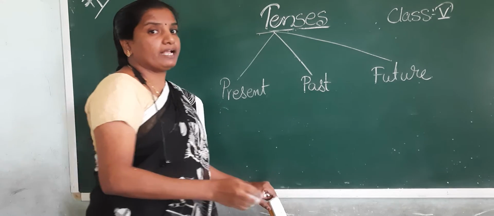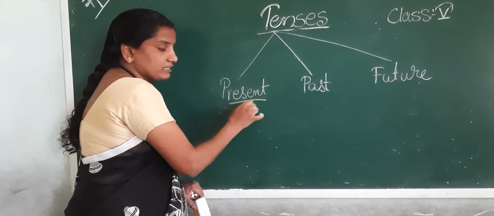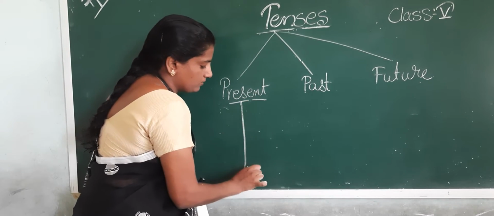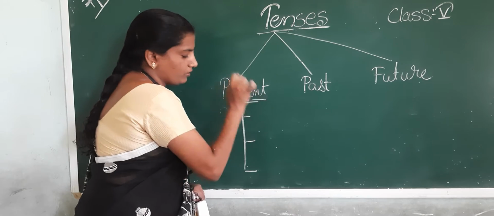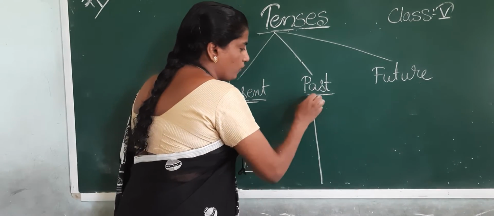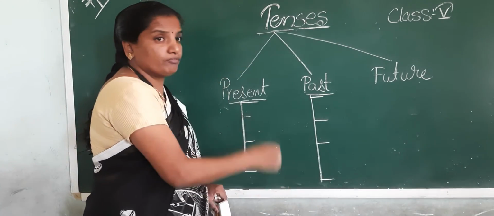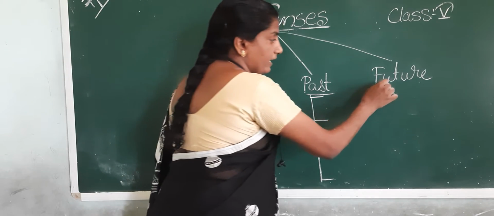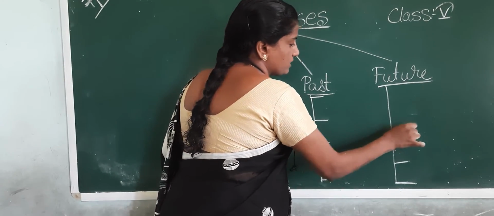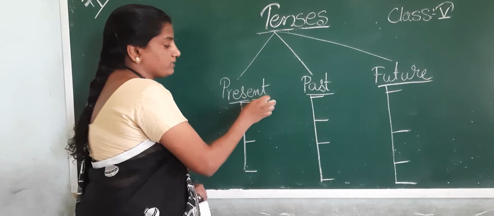Again according to the work done, present tense is divided into four types, and past also into four types, and future also into four types each. We will discuss the four types one by one. Okay children, now see what those four types are.